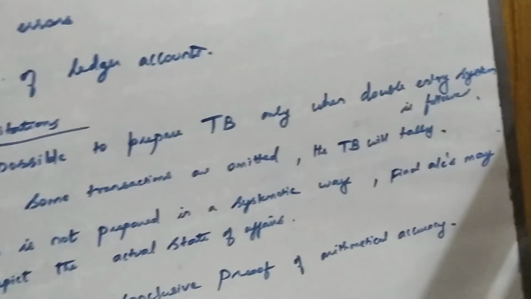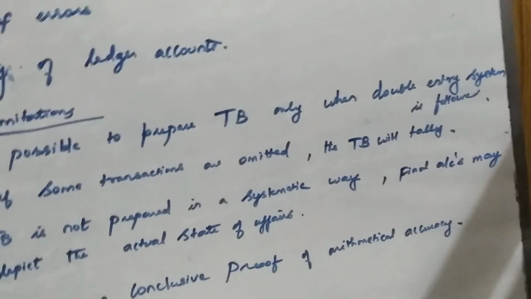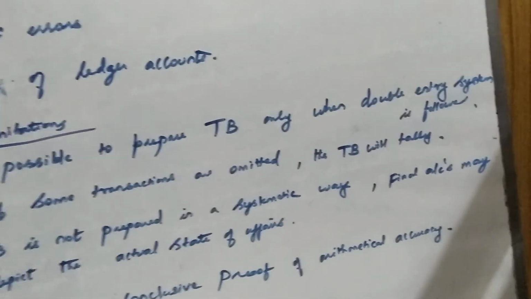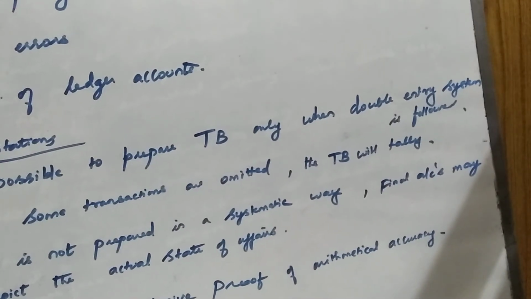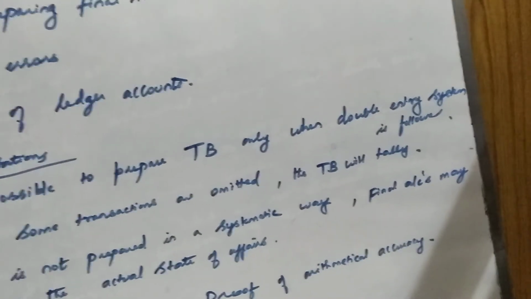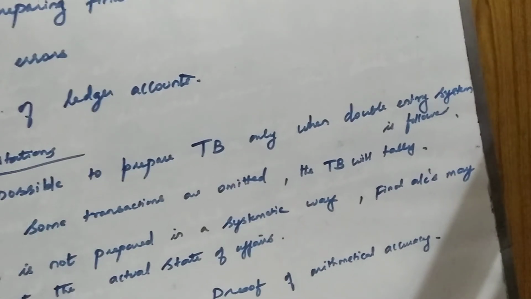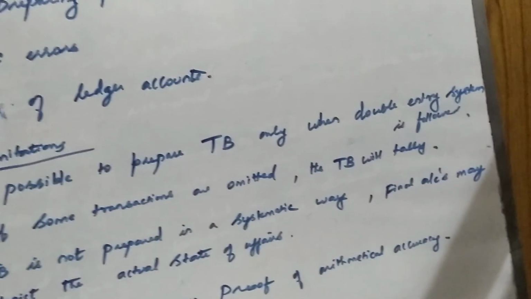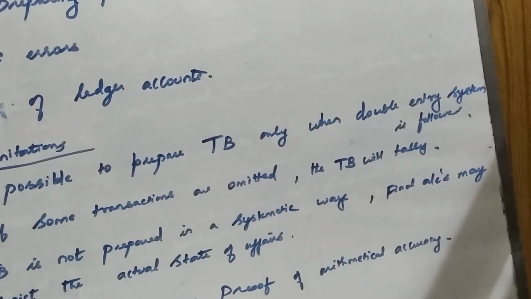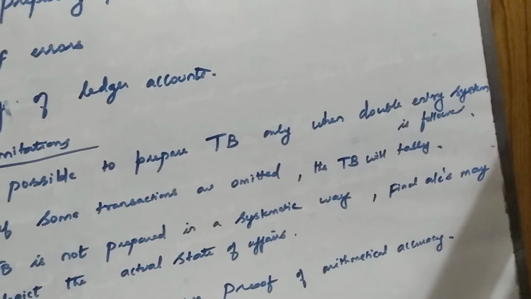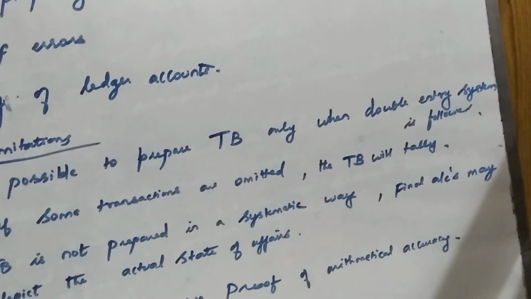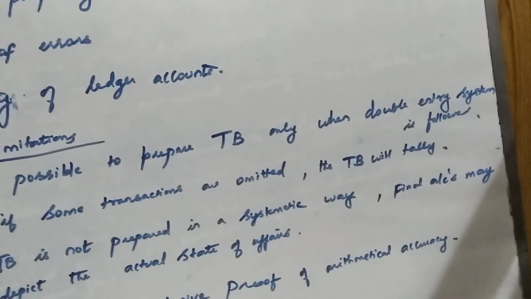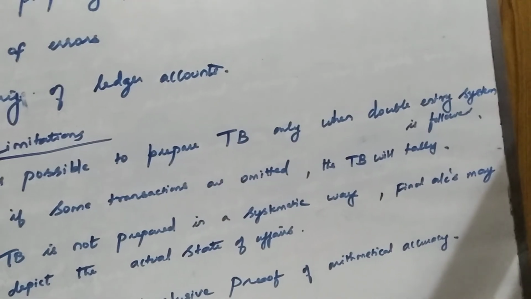We have completely omitted a transaction. It is not recorded in the journal. It is not posted in the ledger. And how can we expect the account in the trial balance? Able to understand? When we completely omit a transaction, there is nothing being shown in the trial balance.